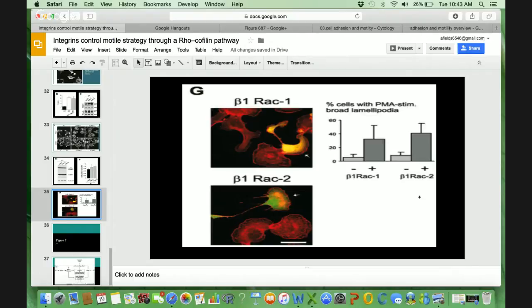What they had seen was the reorganization did occur in response to PMA, but the cells were distorted, as we can see here.